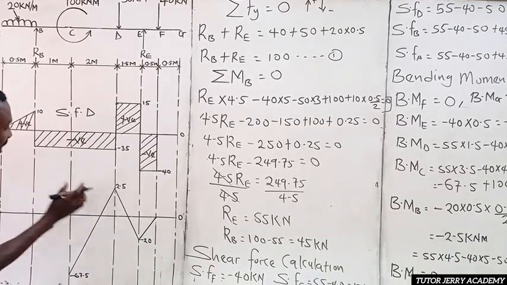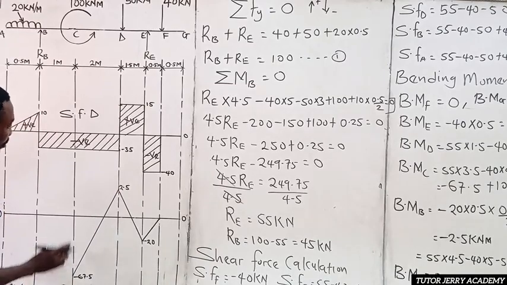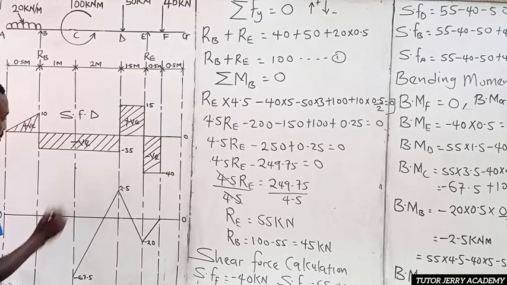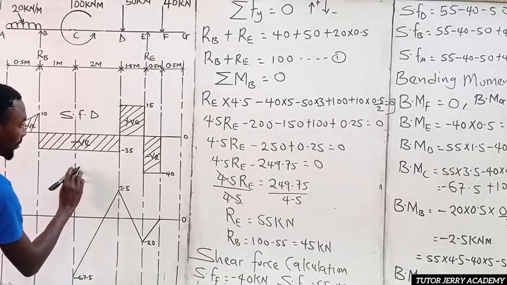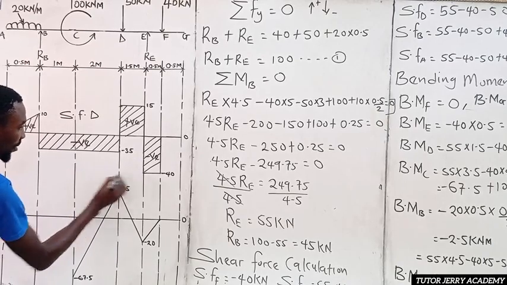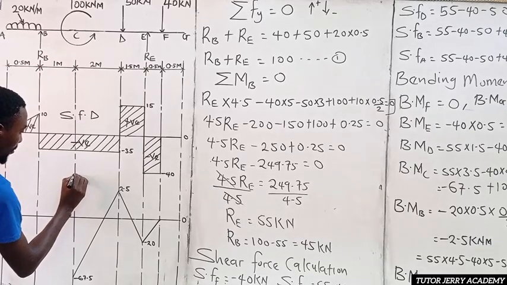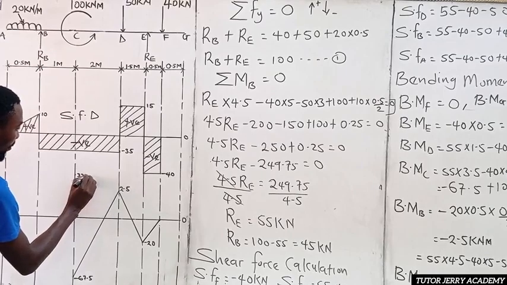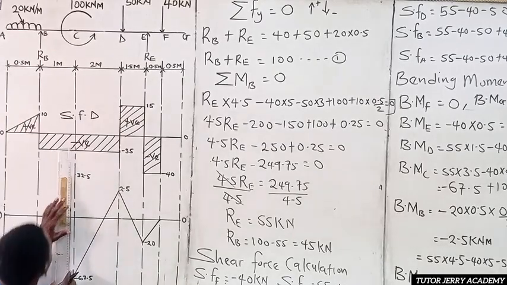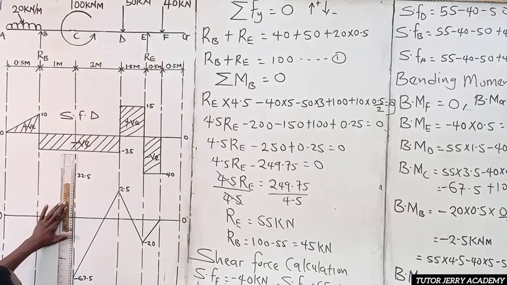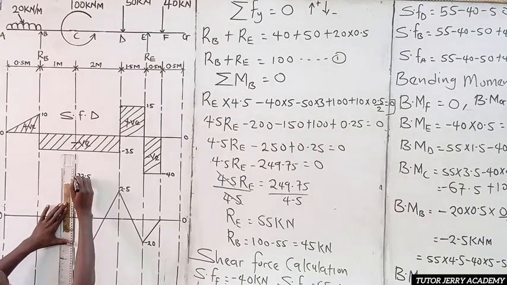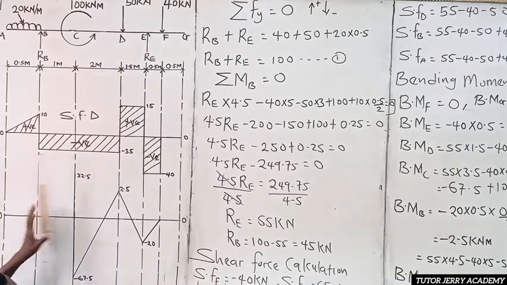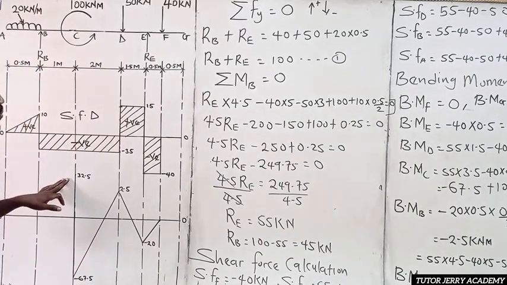Here we said it is 2.5, so definitely 32.5 must be above 2.5. So let's make this point here our 32.5. Let me put it down here, I don't want it to fall on the same line with this. All right, we are going to draw a straight line here. So this is 32.5 at C.